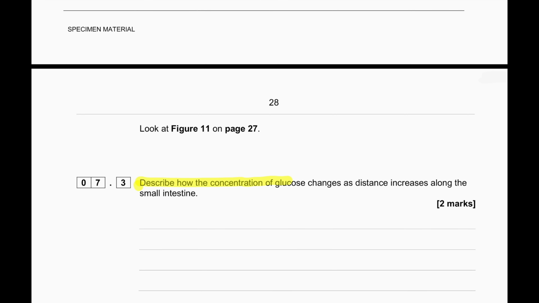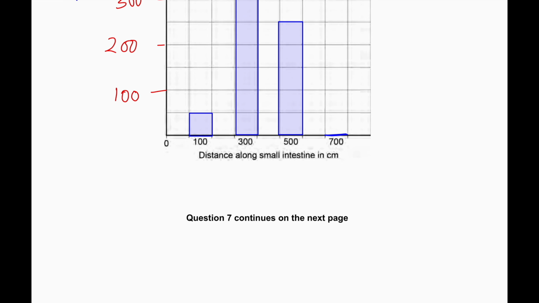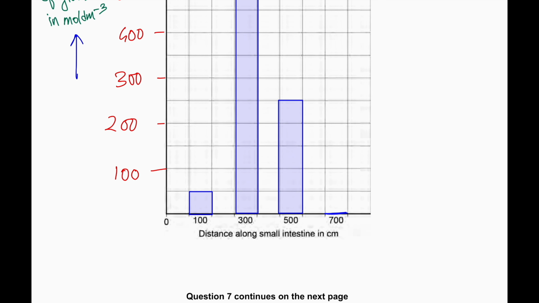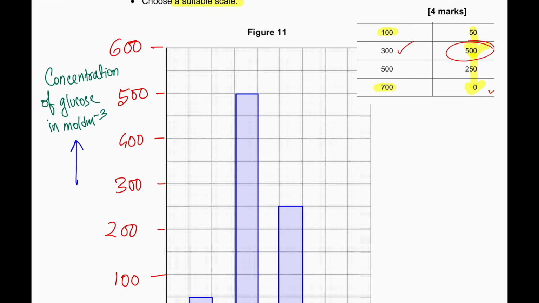Describe how the concentration of glucose changes as the distance increases along the small intestine. If we look at the bar chart, we see as the distance increases from 0 to 300, the concentration of glucose goes from 0 to 500 mole per dm³.